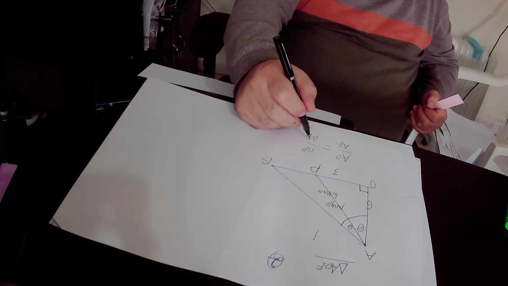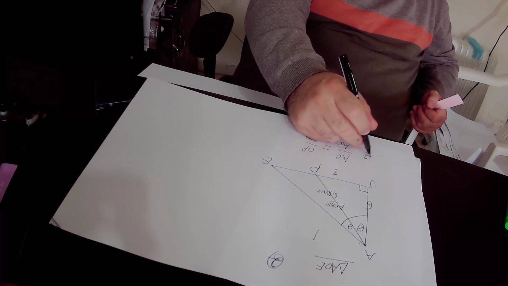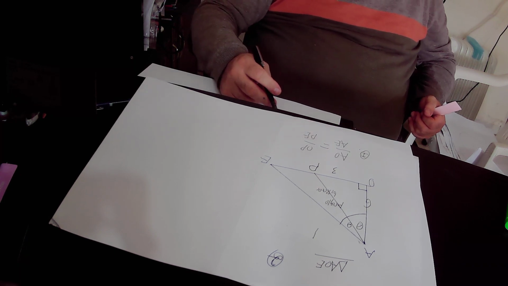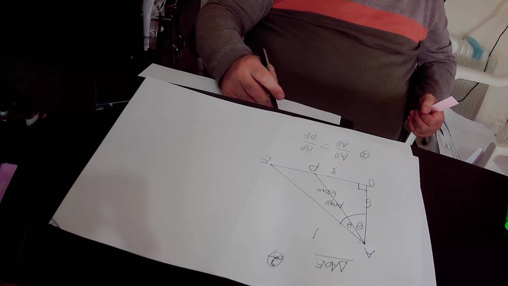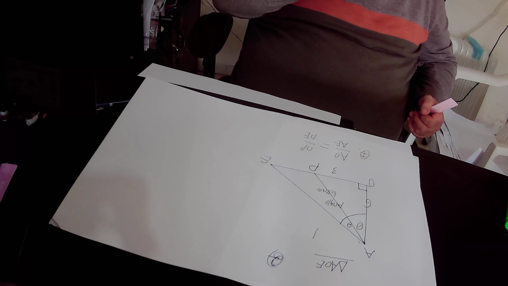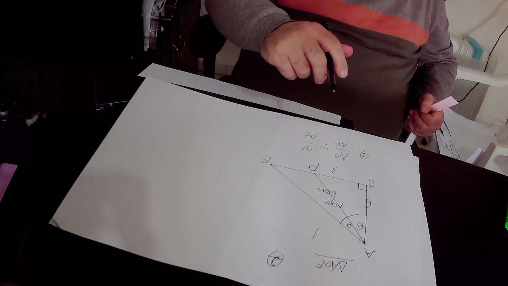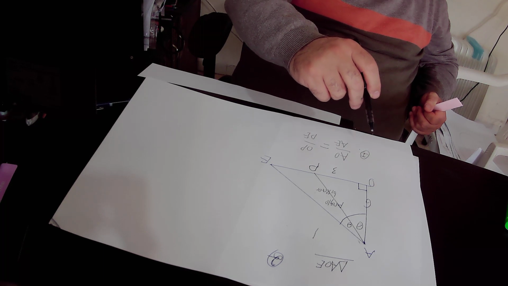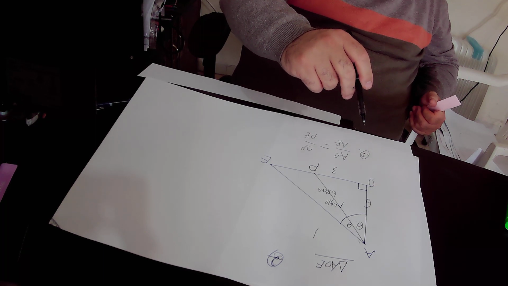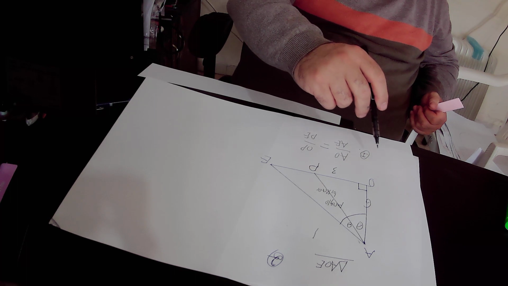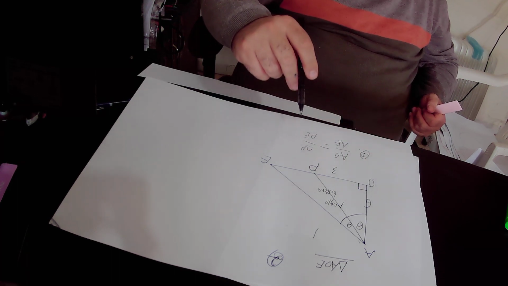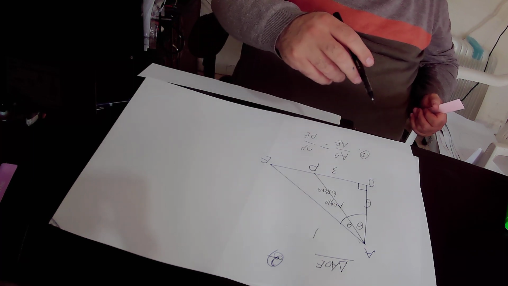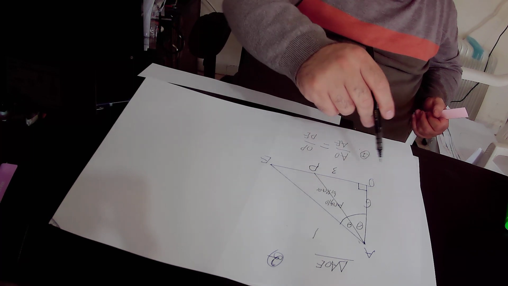Okay? So this will be equation number 1. Again, the angle bisected is OAE, its legs are AO and AE, and the ratio between its legs is AO over AE.